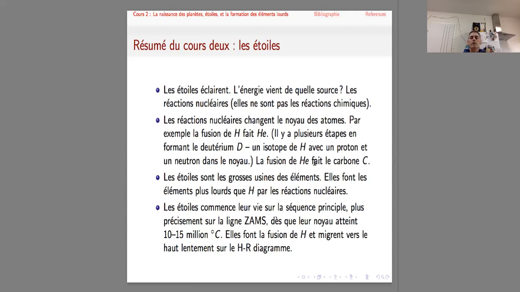In other stars, you get different processes. You can fuse helium to generate carbon. In fact, stars are like big factories of the elements. They're nuclear fusion reactors that basically put the elements together for us.